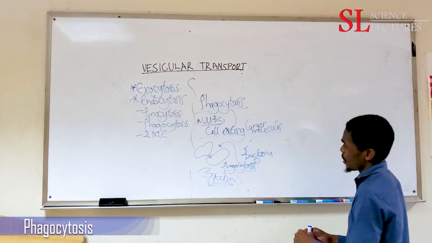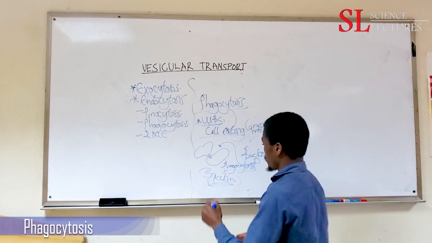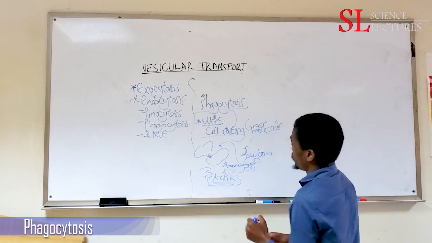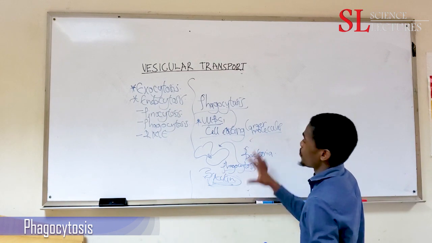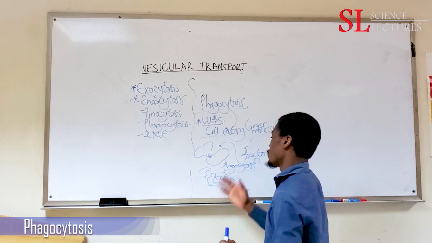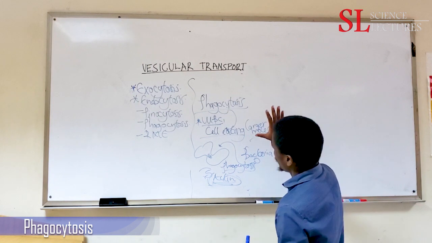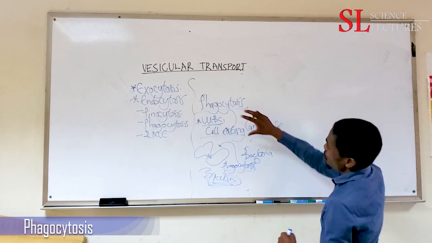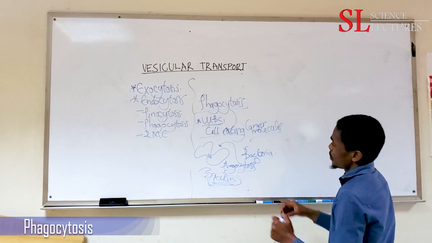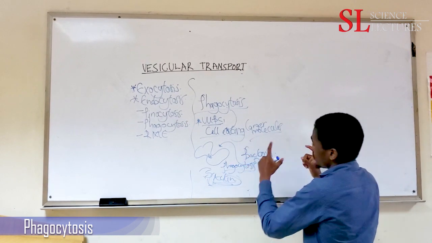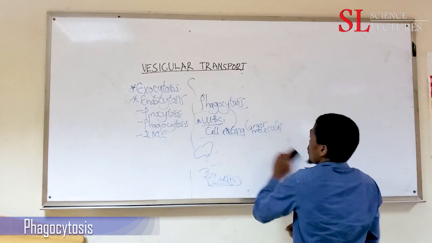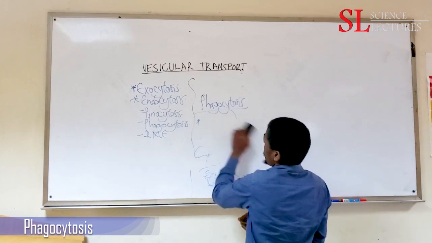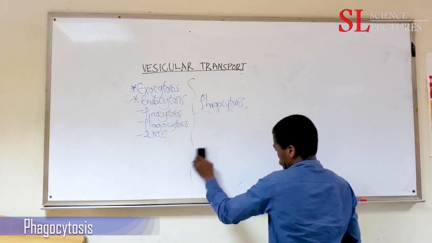If you didn't see the video, you can please check it on our channel, where we gave a brief about the actin filaments. So with phagocytosis, you think of the white blood cell or other cells that can engulf other cells like bacterial cells. I want us to look at this process in detail, how phagocytosis happens within the cell.